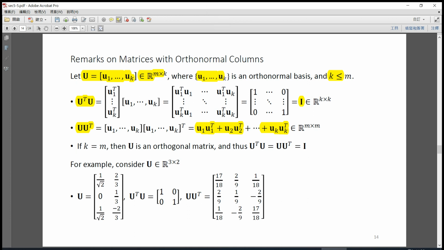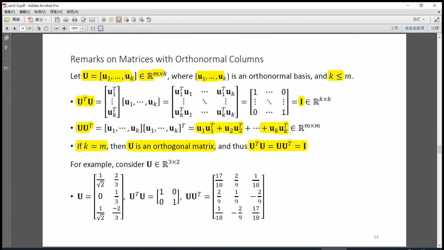But if k equals m, in this case, U is a square matrix, and U has orthonormal columns. Thus, U is an orthogonal matrix. And in this case, we have U transpose U equals U U transpose equals the identity matrix.